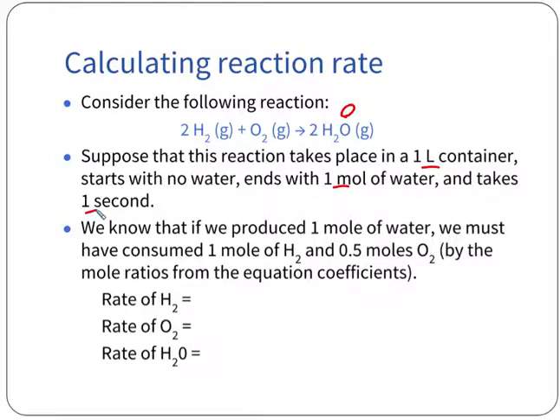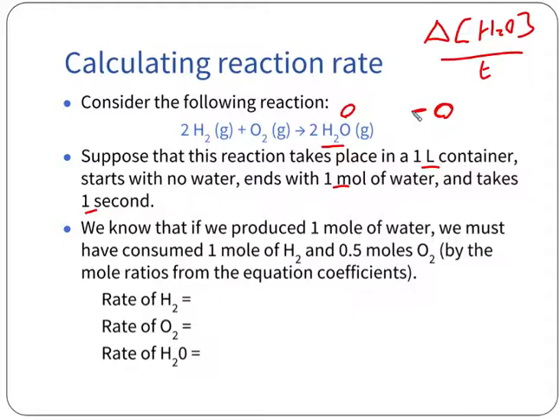Now, if we think about this, we know that the reaction rate for the water, since it's a product, is going to be the change in concentration of the H2O over the time. The change in concentration of H2O, it's in a 1-liter container and it starts with none, so the original concentration is 0. And so it's final minus original.